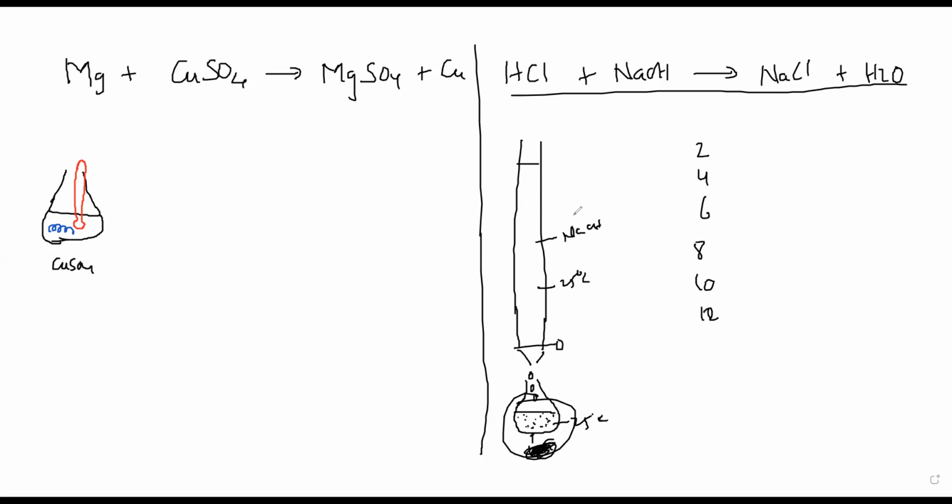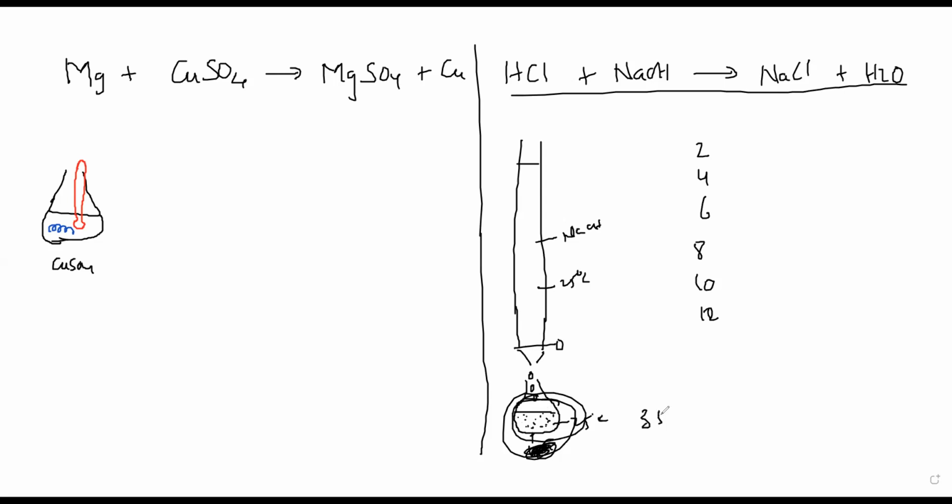After that, when I'm adding NaOH, will that NaOH bring about any reaction? No. Will any heat be given out with those 2 centimeter cube of NaOH? No, sir. On the contrary, this solution's temperature has already gone up.